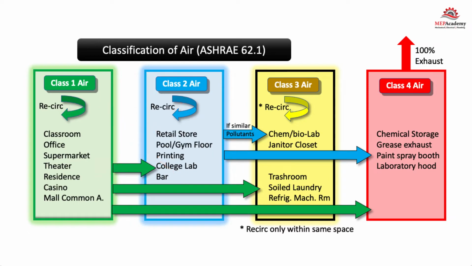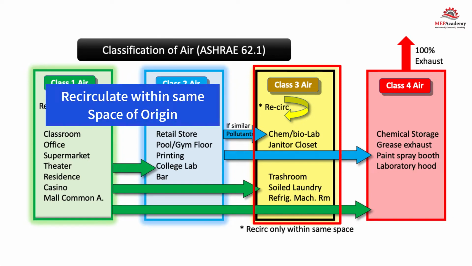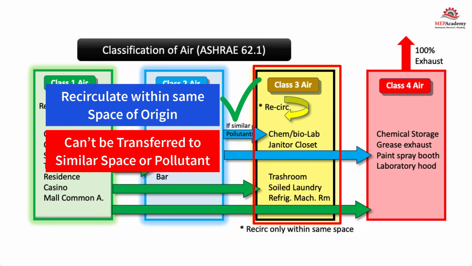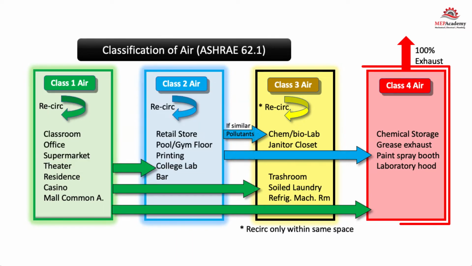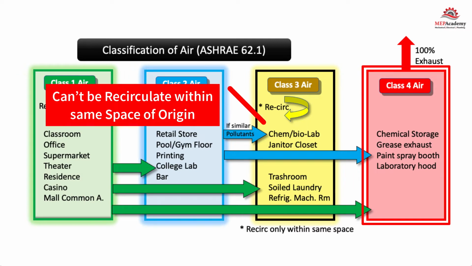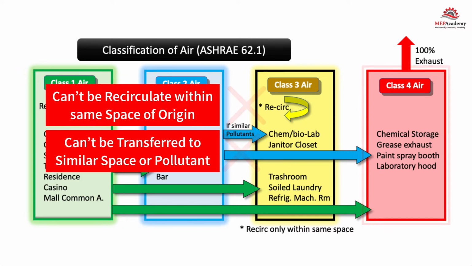Air is almost always transferred from the cleaner space to the dirtier classification of air unless some method of air cleaning is used. Class 3 air can be recirculated only within the same space of origin and can't be recirculated or transferred to any other space. Class 4 air can't be recirculated or transferred to any space.